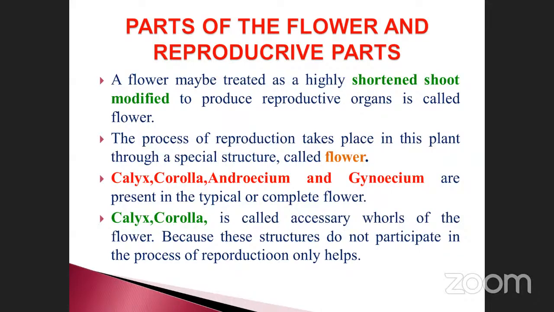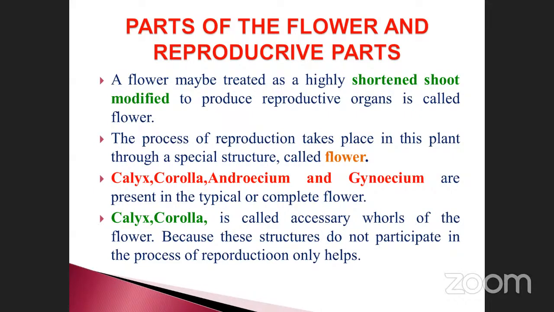The flower may be treated as a highly short-tended shoot modification. It is a small, short-tended, standard growth of the stem, called what? Flower. That which produces the reproductive organ is called a flower. Let me repeat: the flower may be treated as a highly short-tended shoot modification. At the same time, it produces the reproductive organ. Questions on this have been asked many times, as assertion-reasoning or direct questions.